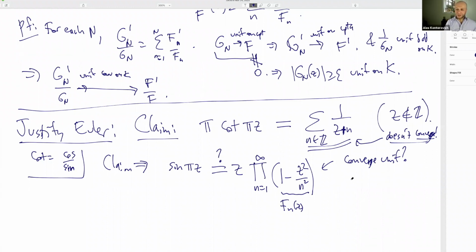How about these? So I have to take fn of z minus 1. So what is fn of z minus 1 in absolute value? Of course, by design, it's norm z squared over n squared. And so if z is in a compact set, then this is bounded by a constant over n squared.